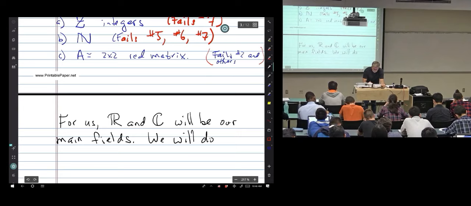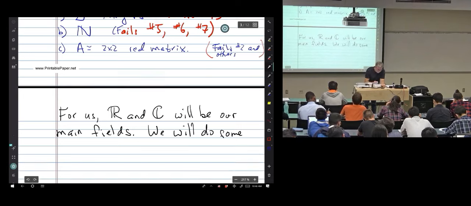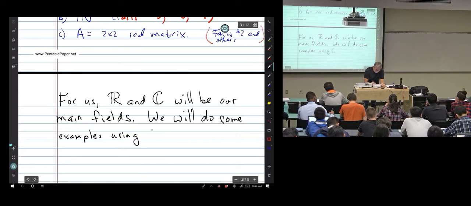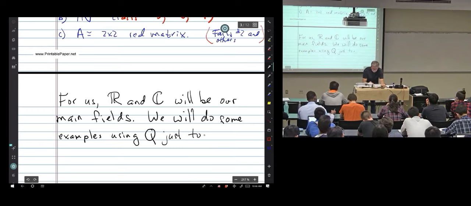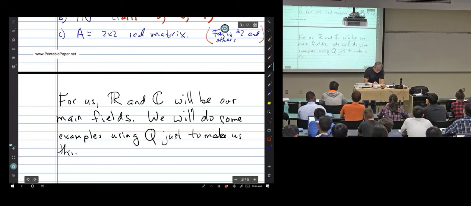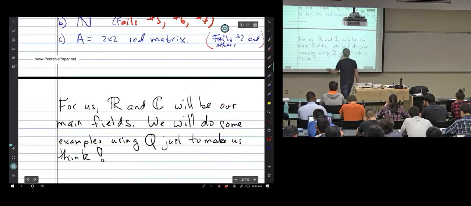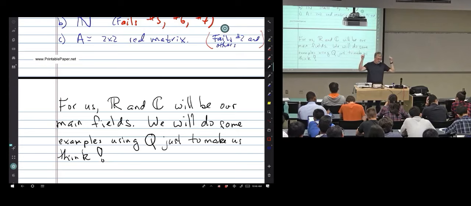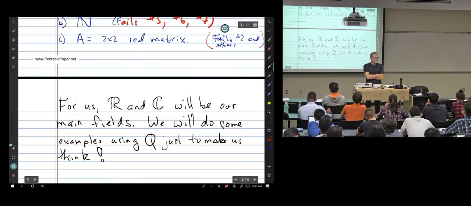We will do some examples using the rational numbers just to make us think. Okay, so if you're good with the reals and the complexes as fields, adopt that new name, then we've got that part down. Questions? Please.